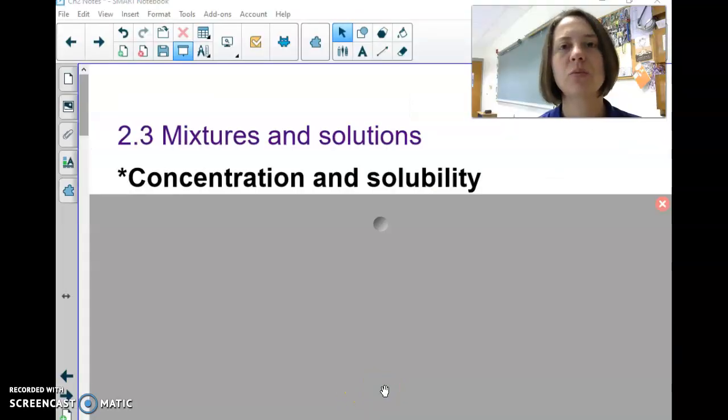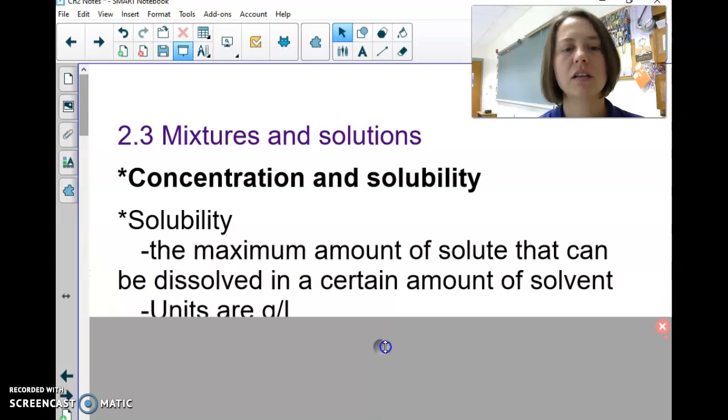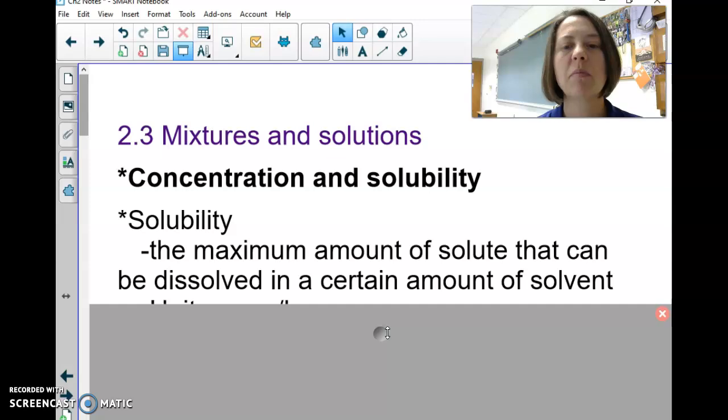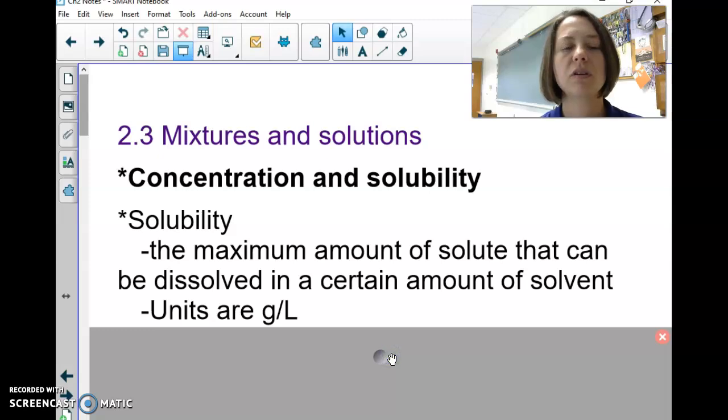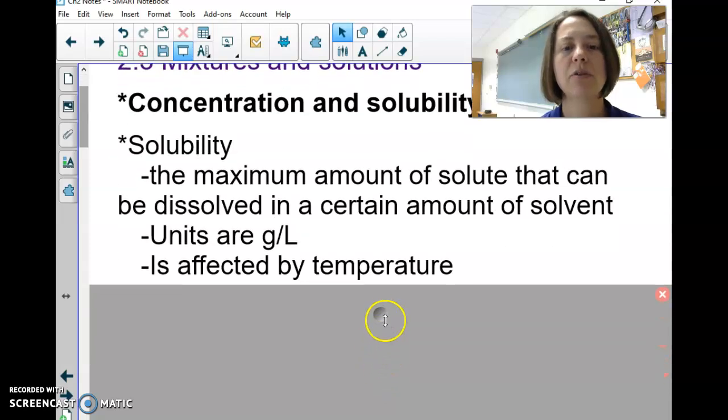In chemistry, things we need to know about solutions are their concentration and the solubility of the solute in the solvent. Let's talk about solubility first. Solubility is the maximum amount of solute that can be dissolved in a certain amount of solvent. And a typical unit is grams per liter. And solubility is affected by temperature.